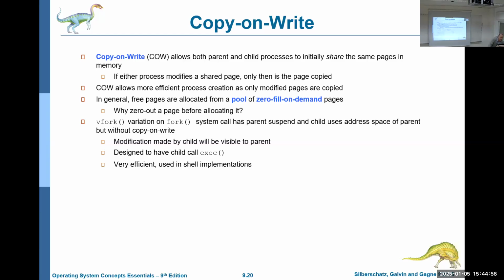So in other words, we have some pages. What do you mean by zero fill on demand? Maybe they have zeros in them. Why zero out a page before allocating? Question.